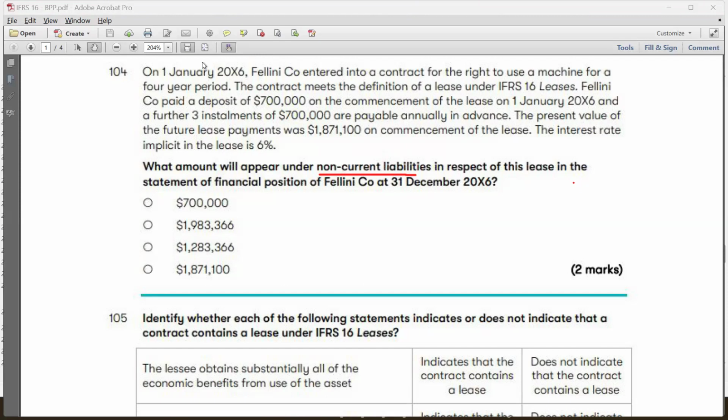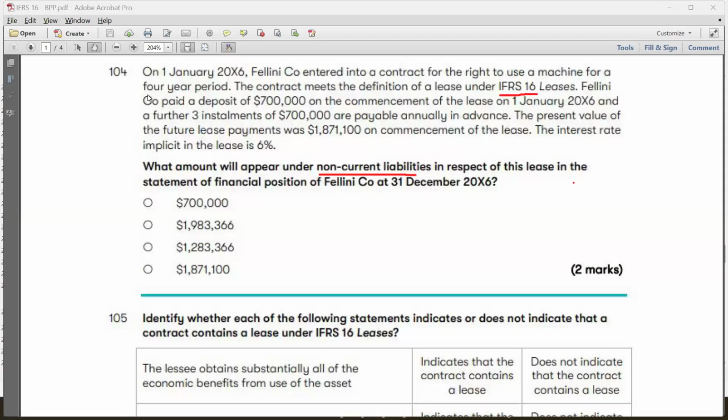So on 1st of January 20x6, Felony Co. entered into a contract for the right of use to a machine for a 4 year period. So this lease is for 4 years. The contract meets the definition of a lease under IFRS 16.